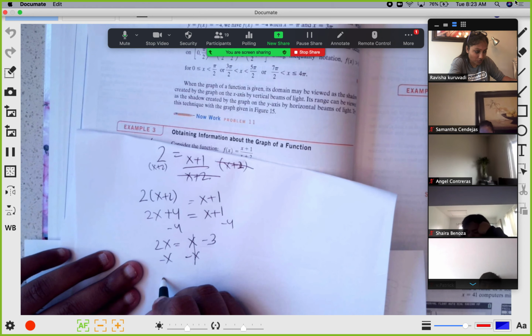Now in the question they are also asking you what point is on the graph. First you write the x point and then the y point. Y was given to you as 2. X you found right now as negative 3, and fx, which is basically y, was already given to you as 2. So this is the point which lies on the graph.